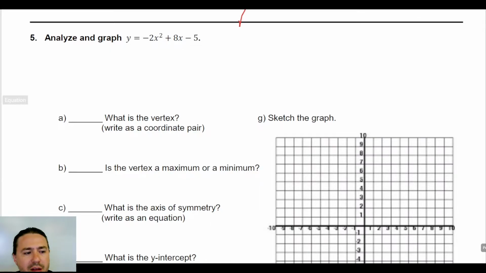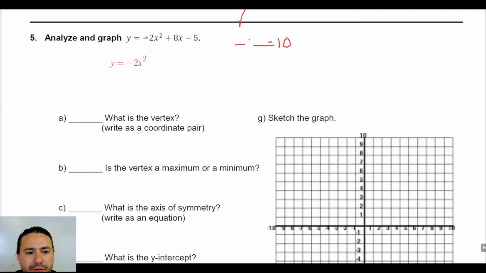Not 100% sure on that. So what we would need to do to factor this is we need to find two values that multiply to give me the product of the leading coefficient and the constant, meaning we're trying to find two numbers that when you multiply them, you get positive 10.